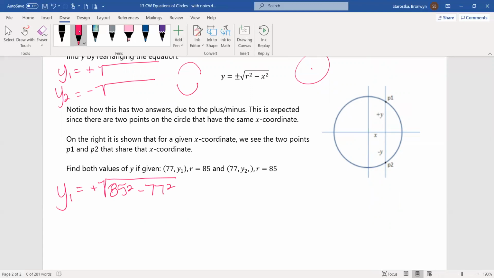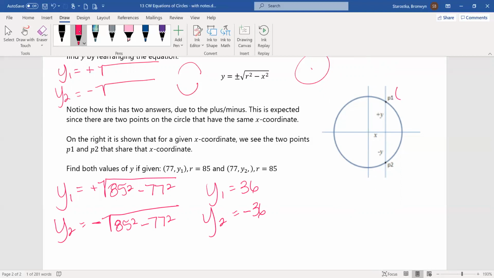When you put this in your calculator, y1 is 36. y2 equals the negative square root of 85 squared minus 77 squared. So y2 is going to be negative 36. So this is going to be the point (77, 36), and this is going to be the point (77, negative 36).